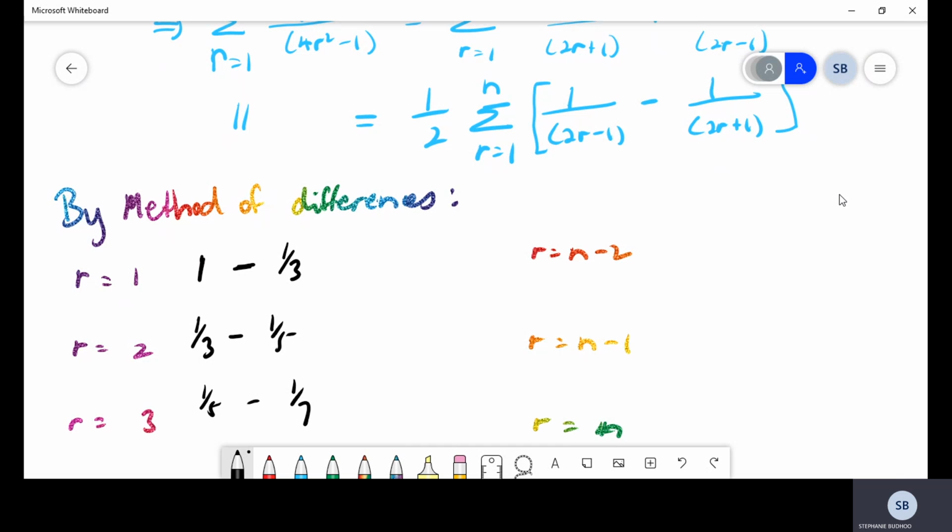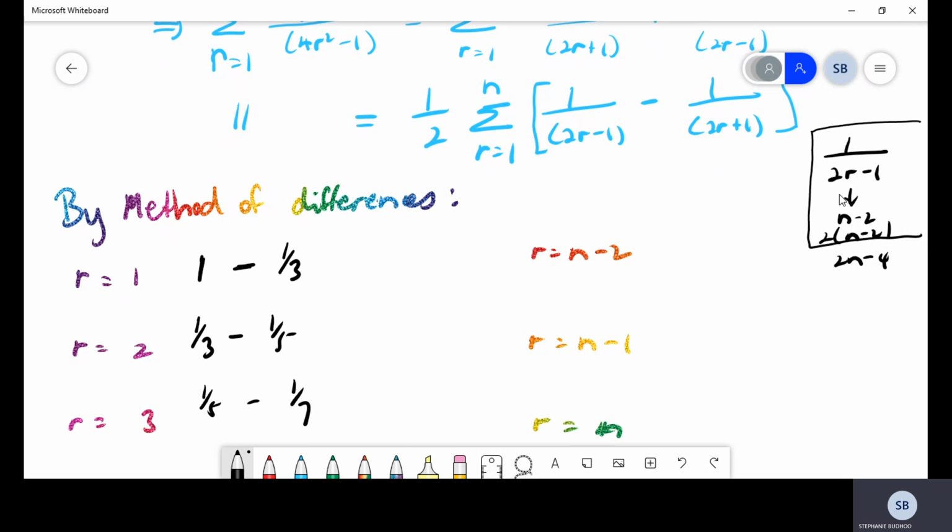Let's see what's happening on this side. When you have r to be n minus 2, right? If I were to do a little bit of working in my column here, you have 1 over 2r minus 1. So when this is n minus 2, you will have 2 by n minus 2. That's 2n minus 4, and then remember you have to bring down that minus 1, right?